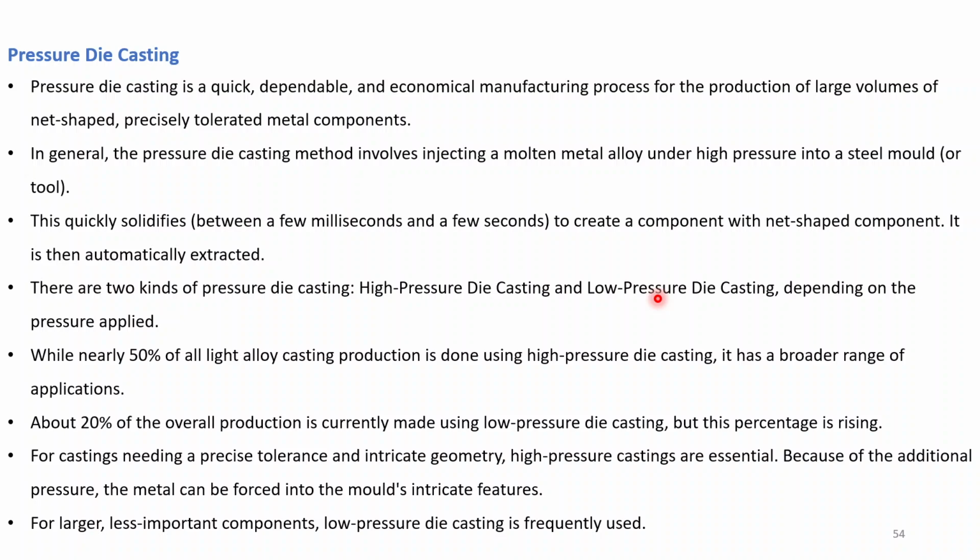For castings needing a precise tolerance and intricate geometry, high pressure castings are essential, because of the additional pressure, the metal can be forced into more intricate features. And for larger, less important components, low pressure die casting is frequently used. So for intricate shapes, you will be requiring high pressure.